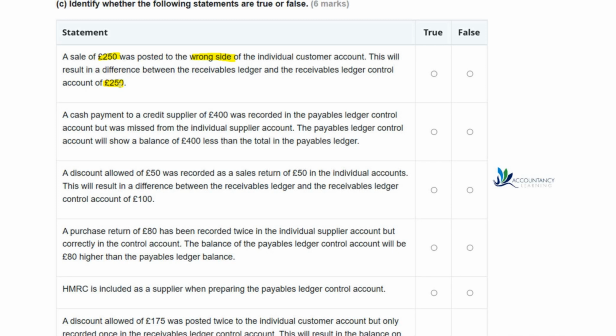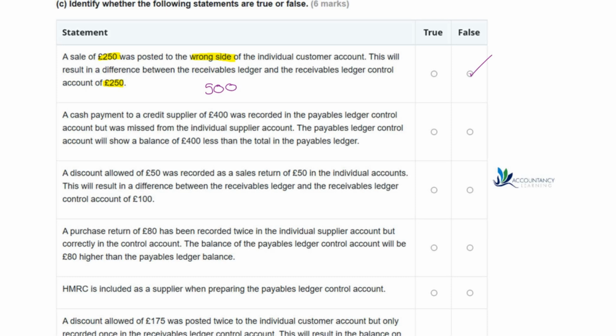If it was posted to the wrong side, the difference is going to be 500, because you'll need a 250 posting to net it off to 0, to take out the wrong entry, and then another 250 to put it on the right side. So the actual difference will be 500, not 250.